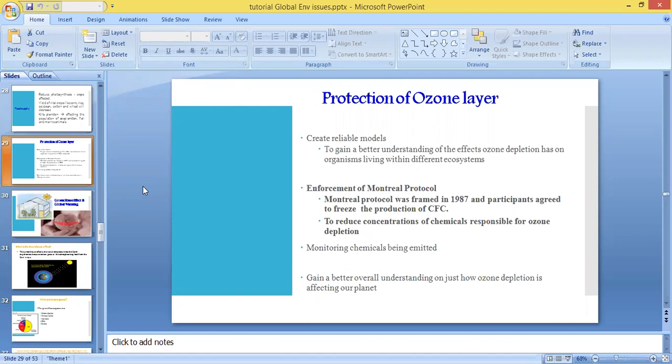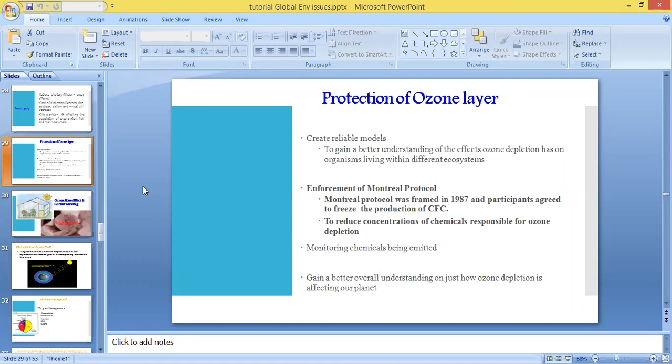Create reliable models to gain a better understanding of the effects ozone depletion has on organisms living within the different ecosystems. Enforcement of the Montreal Protocol. This was one of the protocols signed by the various countries. It was framed in 1987, and the participant countries agreed to freeze the production of CFC.